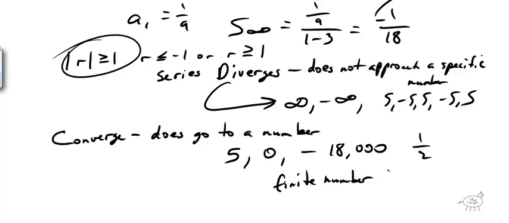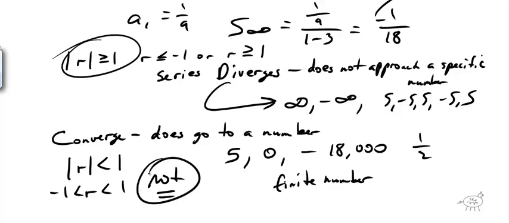Okay, and this is when absolute value of r is less than 1, which means r is between -1 and 1. Not equal to, okay, it's really important, not equal to. Because if it's equal to, the series is going to not go down in value, right?